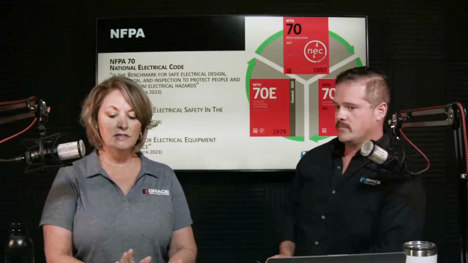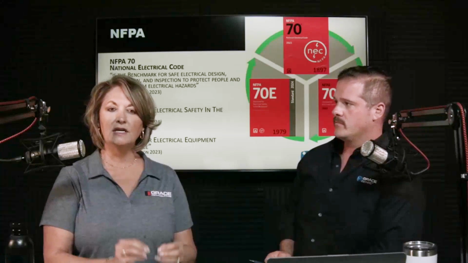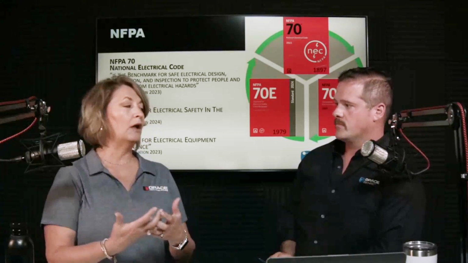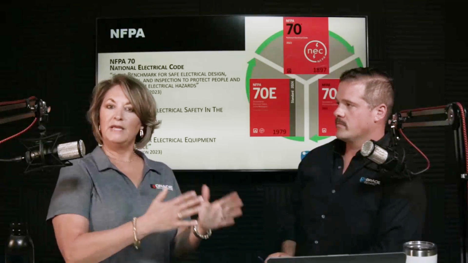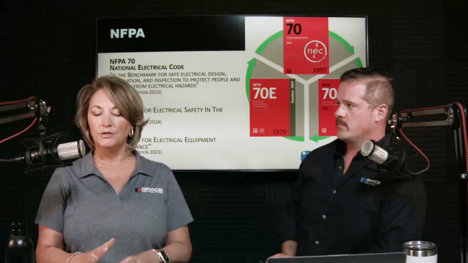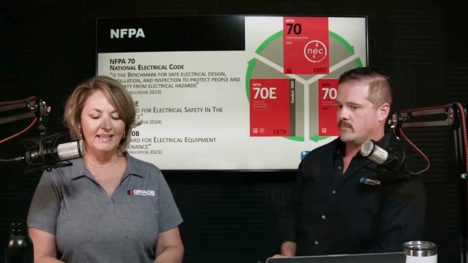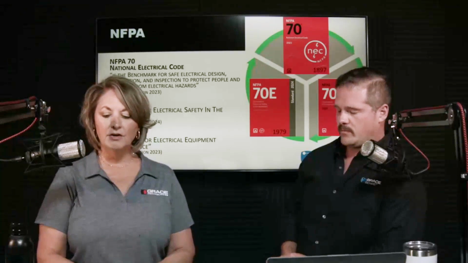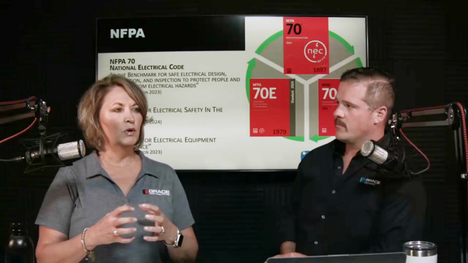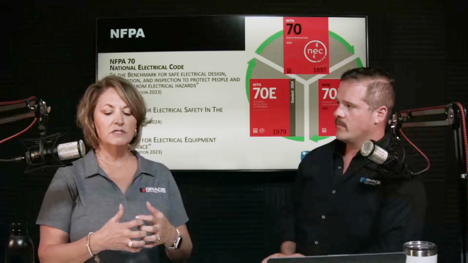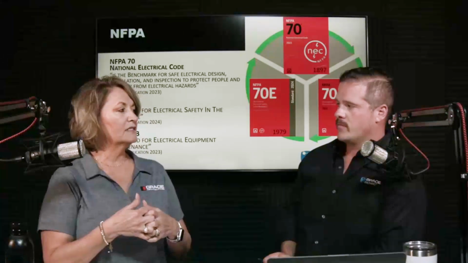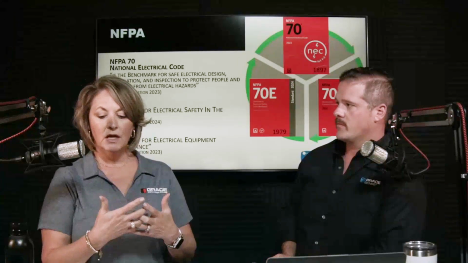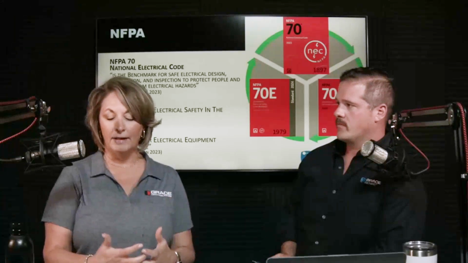So in this version, you'll see that prescriptive language where they move from "you should be doing this" to "you shall be doing this." So it's a completely rewritten standard. It really was designed to help facilities develop and implement a really robust and effective electrical maintenance program.